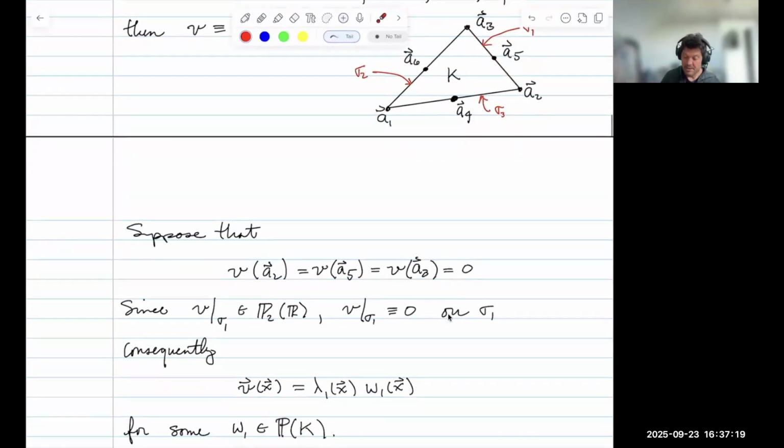So by the same logic that I had before, if it's 0 along that line, lambda 1 must be equal to a factor, or must be one of the factors.